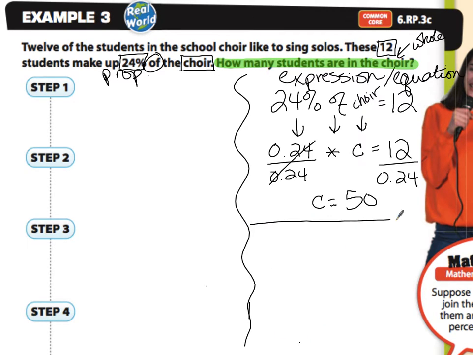Okay, so here's my equation. As an expression, I can tell you that your whole is always going to be equal to your part divided by your percent, but your percent as a decimal.